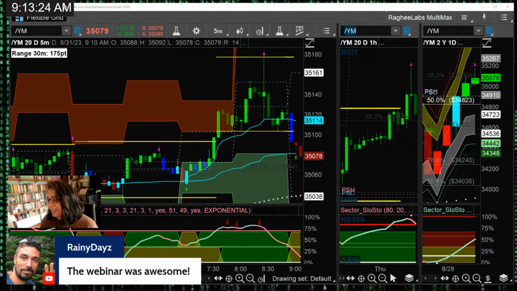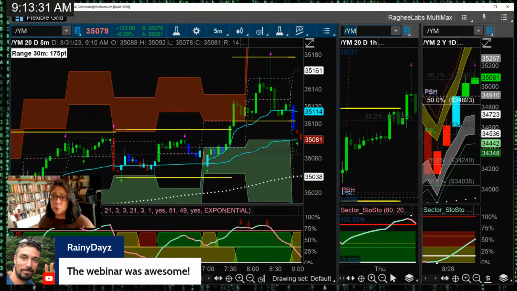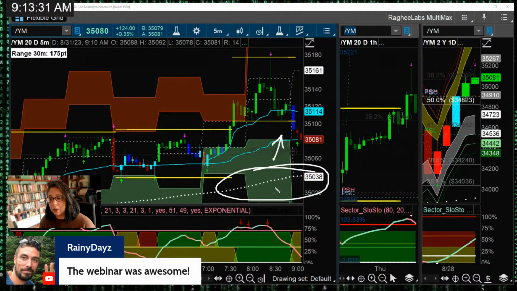All right. Zed is asking, what is the name of the white lines I use to find entry spots? So there's two sets of these white indicators. In the webinar, I talked about whether or not price is above or below the white dots, the propulsion. So that white dot is like the equator.